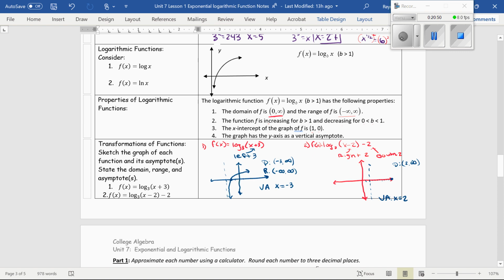Let's see here. There's a point here, so we'll go here, like that. Your range will be all real numbers.